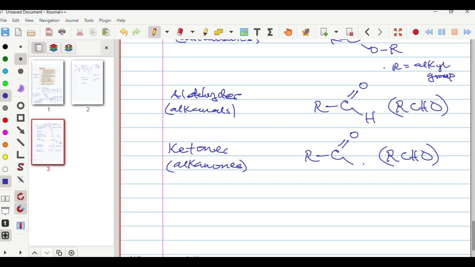It is another alkyl group. Normally we put a prime there, so that's what this prime means: the R groups may or may not be the same. So you can see just a little difference. Instead of having H here, I want to remove this as well. Instead of RCHO, it's going to be RCOR prime.